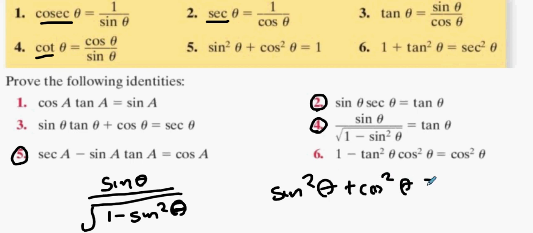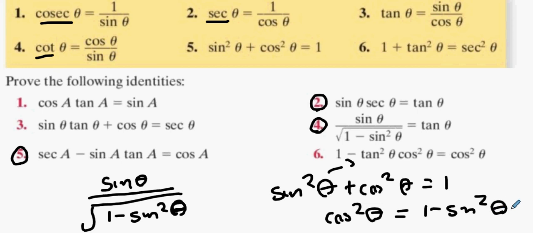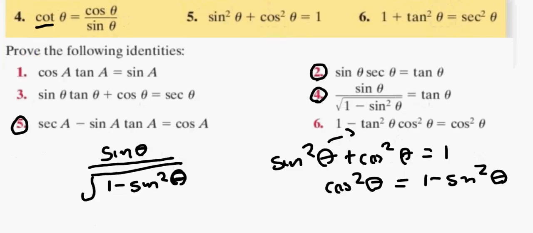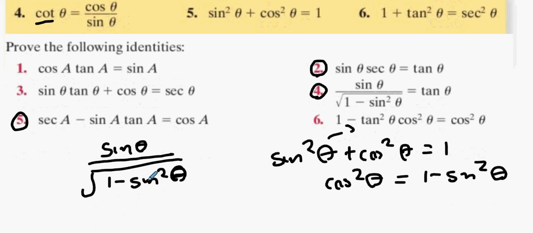Now you're going to become very familiar with this rule. Move the sine squared theta to the other side. What happens? Bingo. You're going to use that a lot. So what happens to the 1 minus sine squared theta here? What do I change it into?